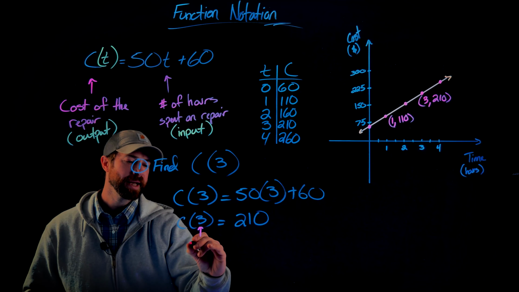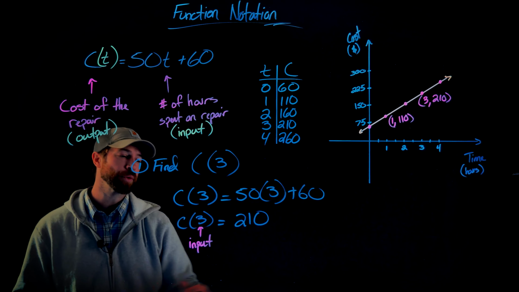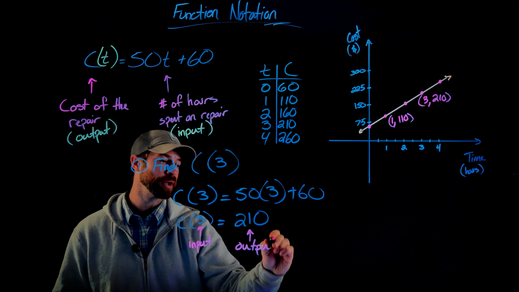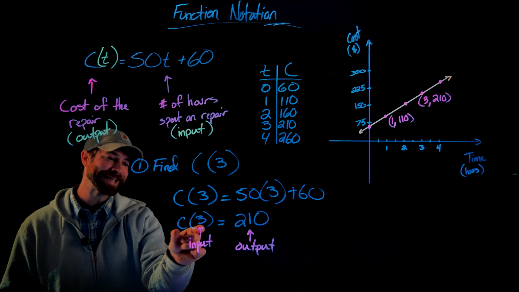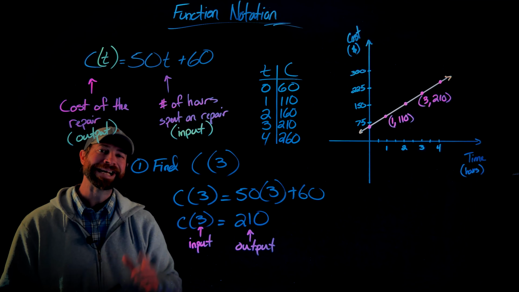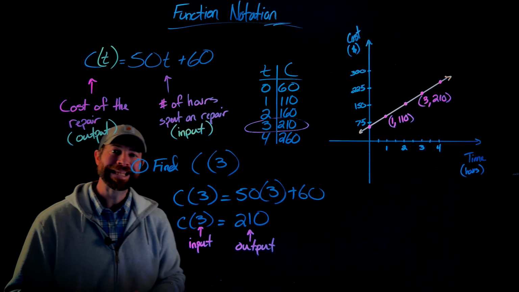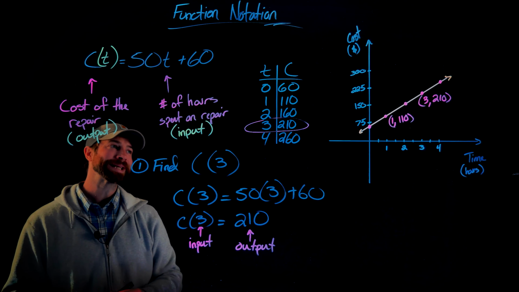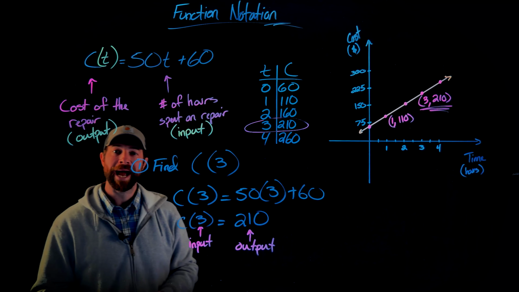This means if we input for t a value of 3, we get 210 as an output. This statement right here as it sits, C of 3 equals 210, is exactly the same thing as this line in the table of values. And it's also exactly the same as this point on the graph.